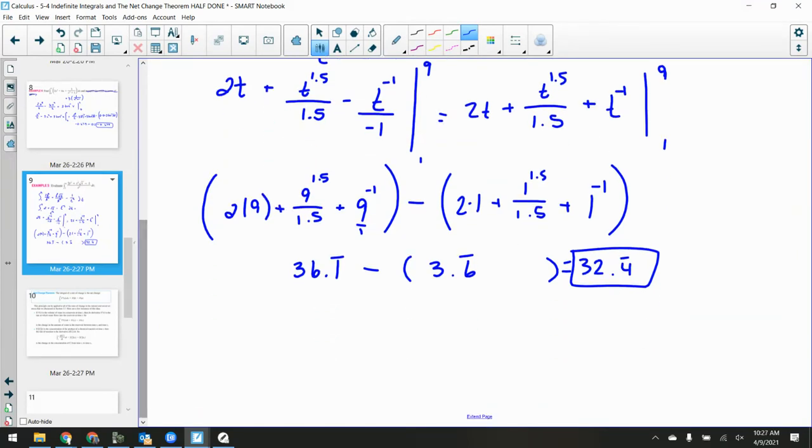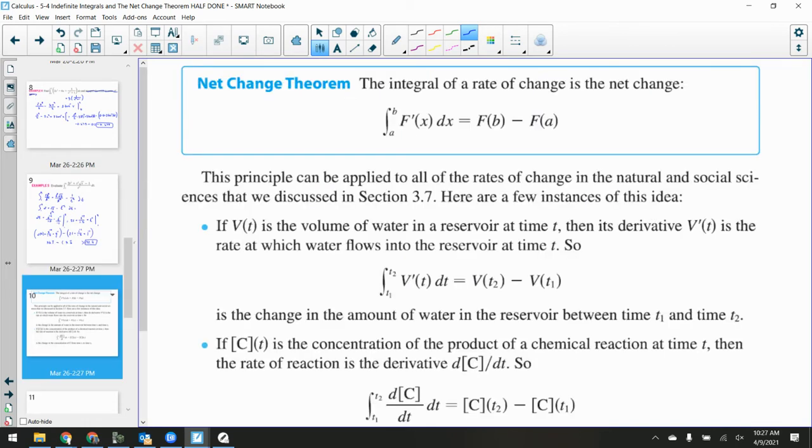All right, so the last thing that we'll cover in this section is called the net change theorem. The net change theorem is really just an application of antiderivatives and integrals. The integral of a rate of change is basically the net change. If you apply it to anything, it's the net change from one piece to the next, right?